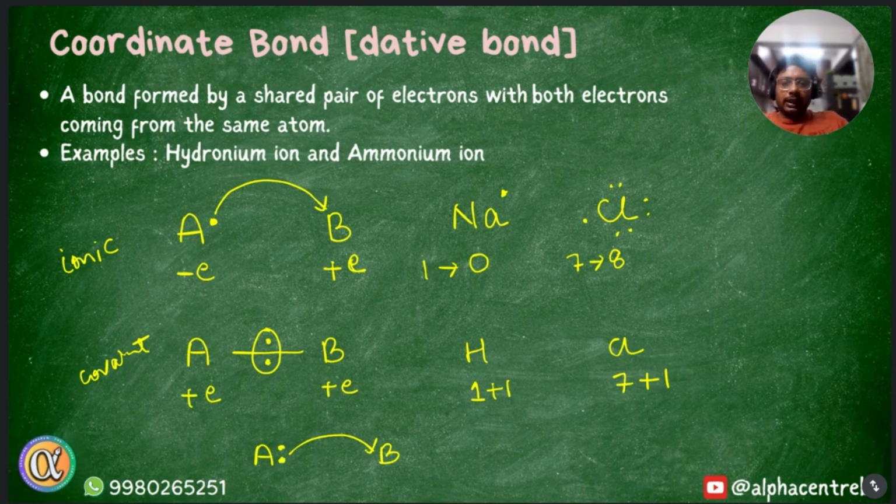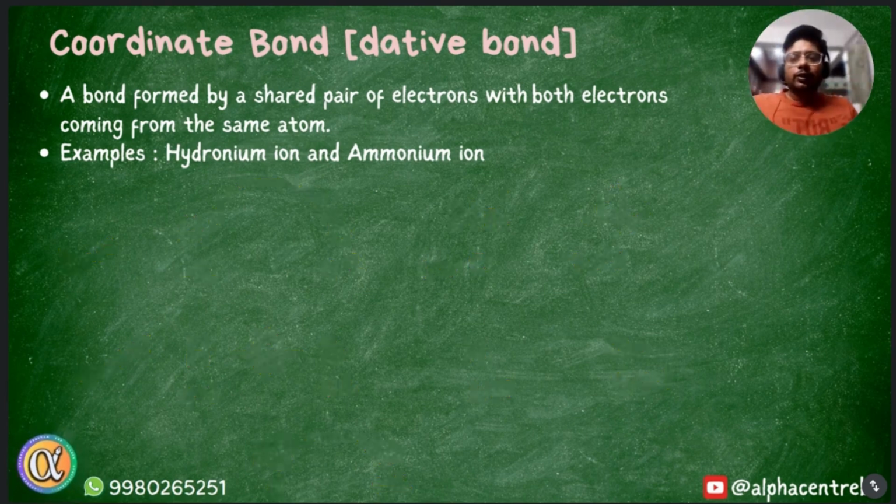Means after this, A does not benefit anything. A stays where it is. There is no plus or minus because A's electron is still with A. A is not giving it to B. It's not an ionic bond where A is giving it to B. A's electron is still with A, but it tells B that if you want, you can also use it. I can give you two electrons to use. So B gets the benefit of two. So this is the story of formation of hydronium ion.